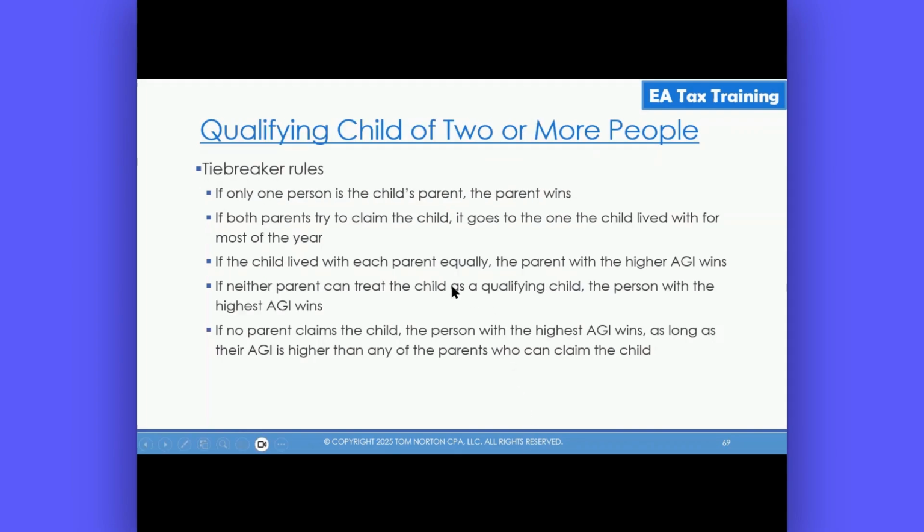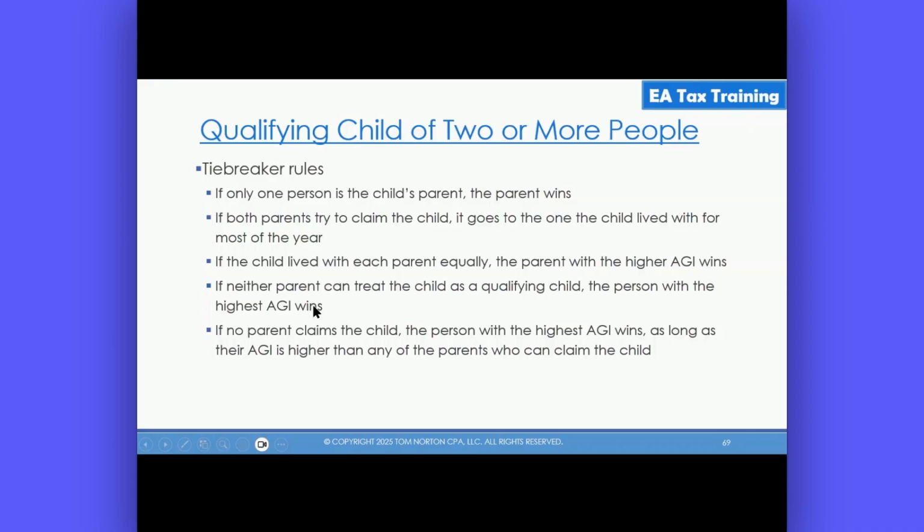So here are those tiebreaker rules, exact same slide that you saw in video 1. If only one person who wants to take the EIC is the child's parent, then the parent wins. If both parents try to claim the child for the EIC, then it goes to the one that the child lived with for more than half the year. If the child lived with each parent equally, then it's the parent with the higher AGI who gets to take the EIC.